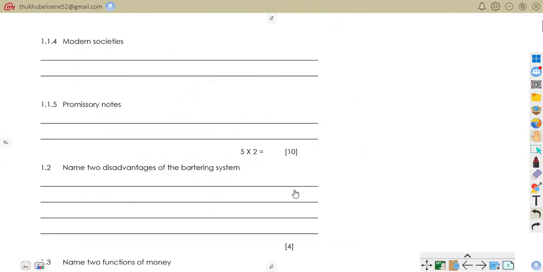So now let us move on to 1.1.4. Now we are to define modern societies. Modern societies are industrialized and use technology to produce goods for trade.